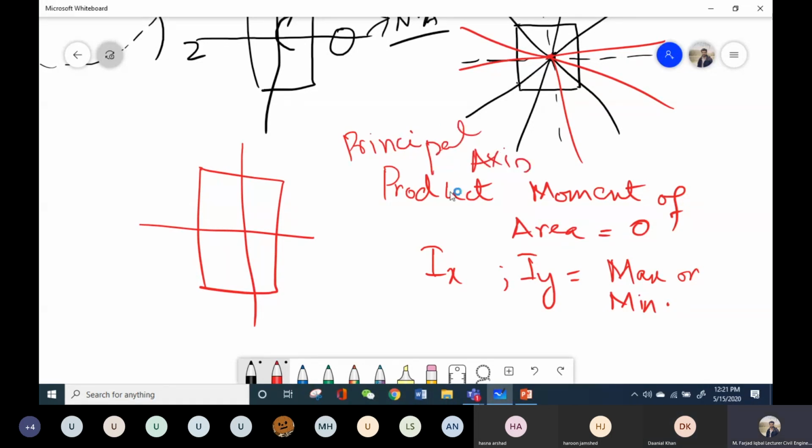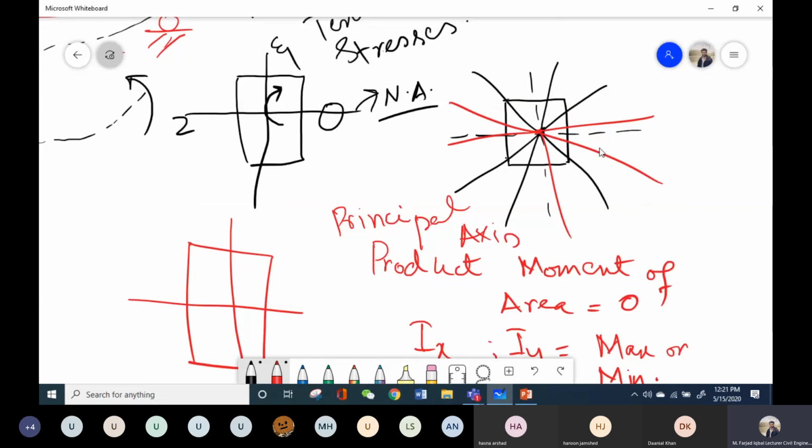For example, in this case, there are numerous axes, and around each of them we can calculate a second moment of area. For example, Ix is BH cube over 12. Say this is my x-axis. Around this axis I will have a second moment of area, Ix equal to BH cube over 12.